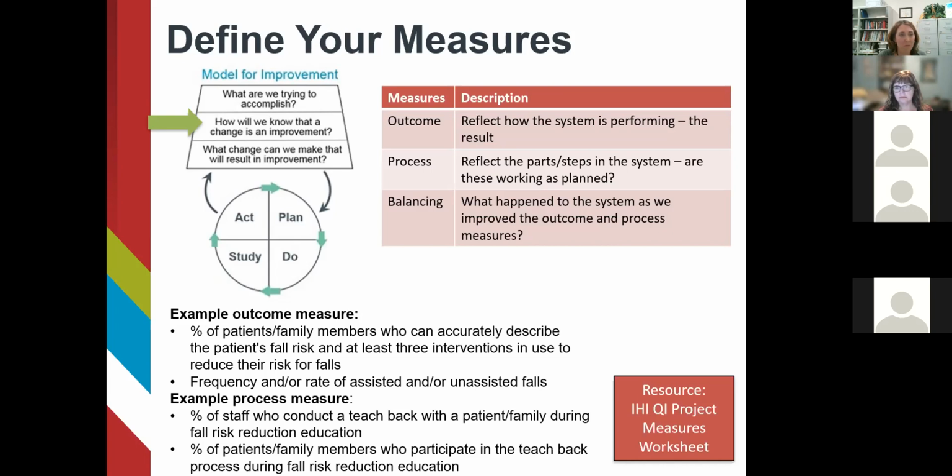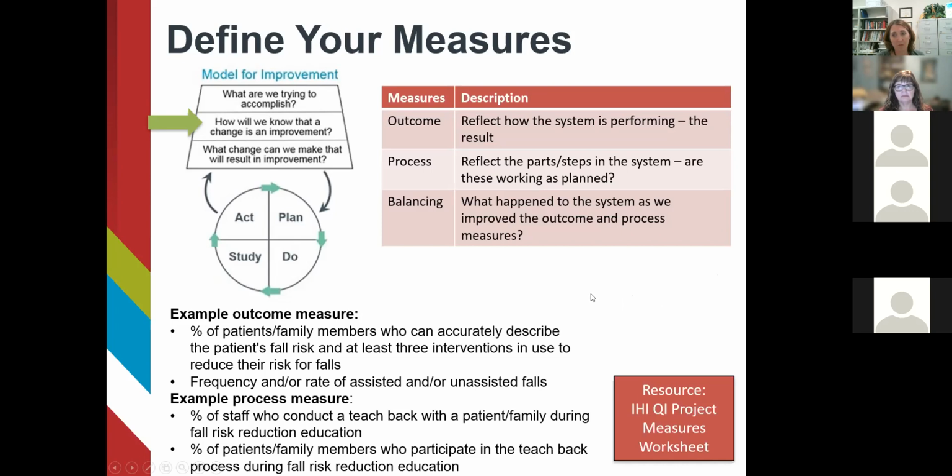So if we think about our patient family education example, perhaps you might look at a process measure like the percent of staff who are conducting a teach back with a patient or a family during fall risk reduction education to help us achieve our ultimate aim of greater patient understanding of their fall risk and the interventions that are used.